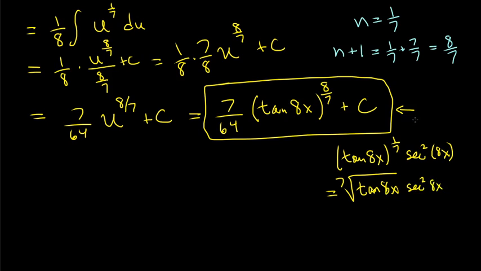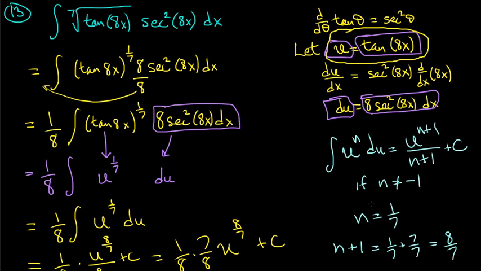That's what you should get if you take the derivative with respect to x. And there's a chain rule, so don't forget the chain rule. So that was, I think, number 13 in the homework.